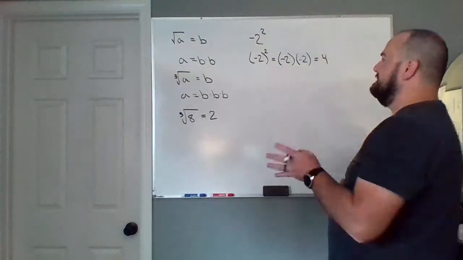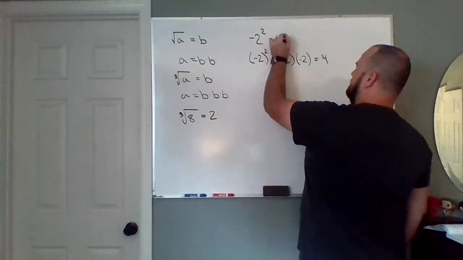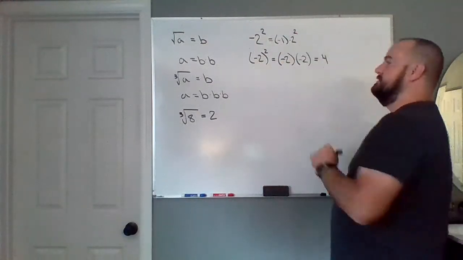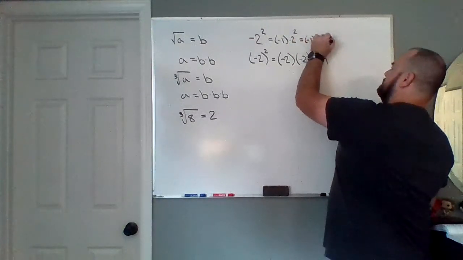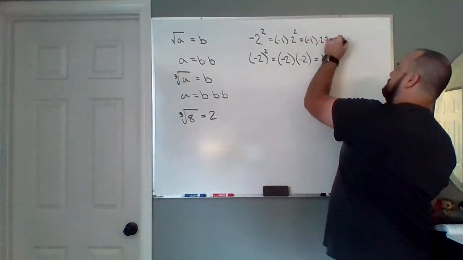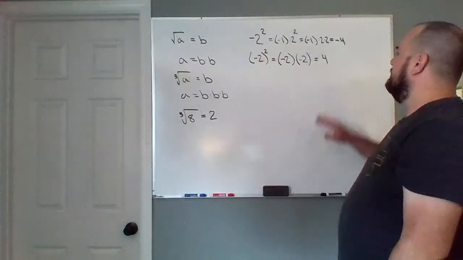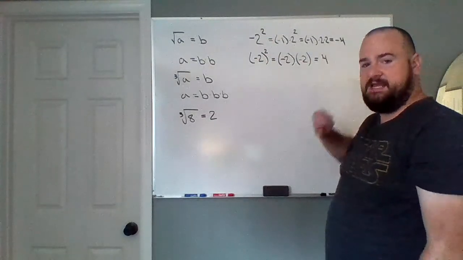An easy way to think of it is, this is really negative 1 times 2 squared, which is negative 1 times 2 times 2, which ends up with negative 4. So you can see that the way we write these gives us a different answer.